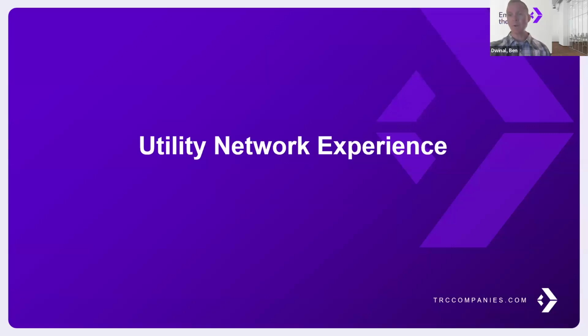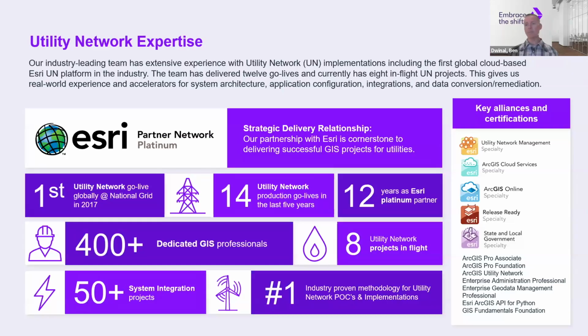Before we get into any of our conversion phase stuff, I thought we'd give you some background about TRC and our experience with Esri platforms, enterprise GIS implementations, and specifically, utility network migrations. We've been executing UN migrations for the last 8 years, with our first go-live in 2018 at National Grid.